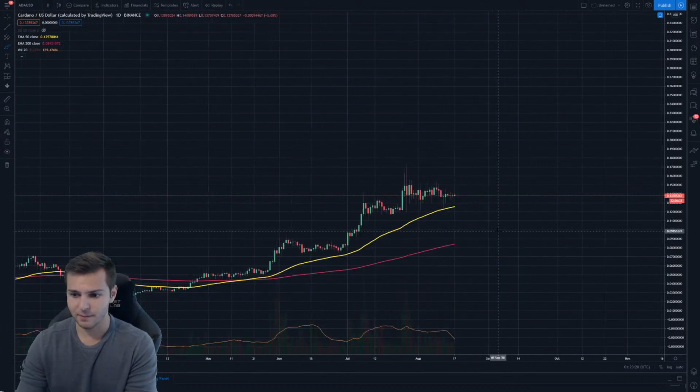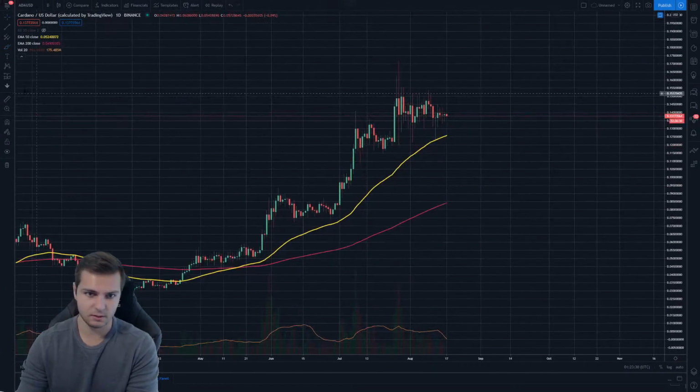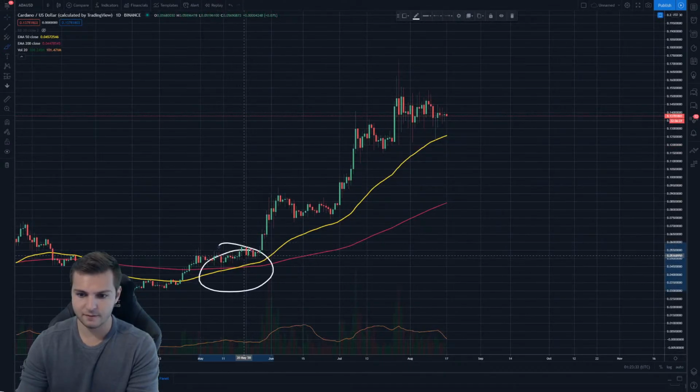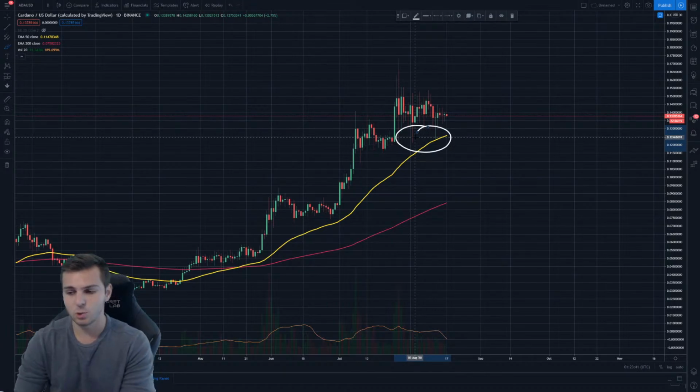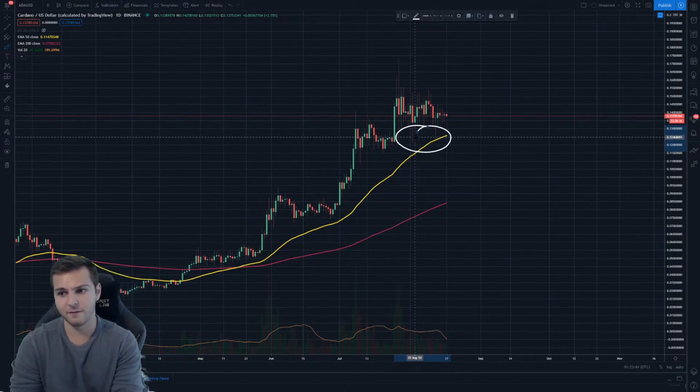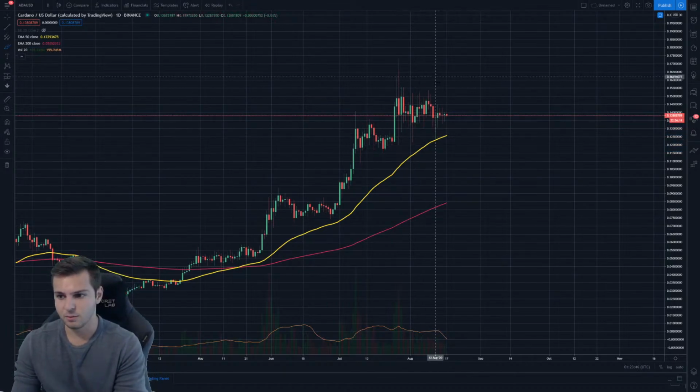Look at how clean this is bouncing off of this 50 EMA. Golden cross happens right in here, and then we can see it just bouncing and bouncing and bouncing again. So long as this thing's staying above and bouncing off of the 50 EMA like this, I don't see too much of a reason to be bearish.